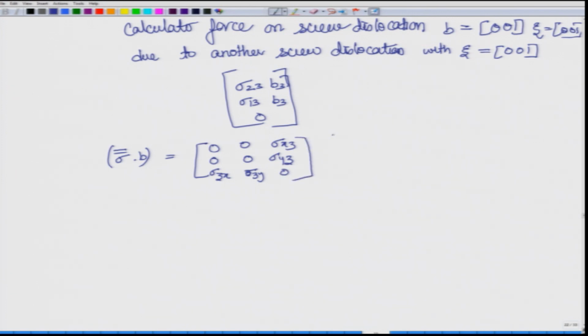So, this is sigma, and when you multiply it with b, which is 0 0 1, what do you get?